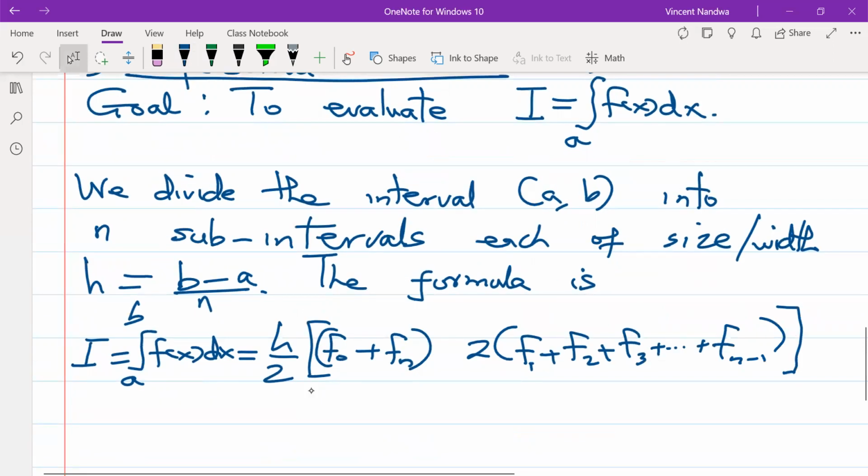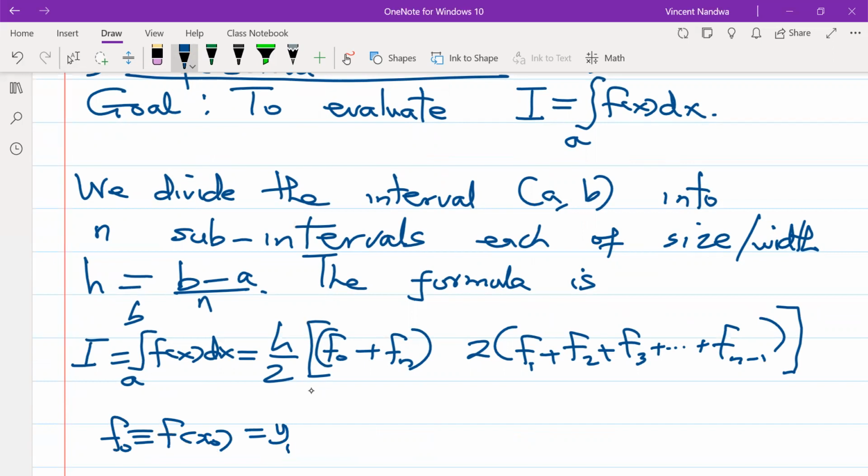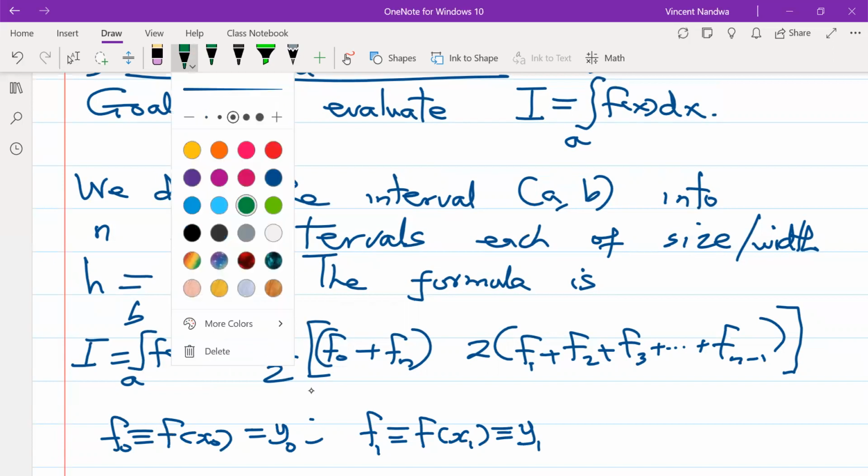Please remember, we are still using the same notation. When I write f naught, I mean the value of the function at x naught, which can be written as y naught. When I write f1, I mean the value of f at x1, which some people write as y1. So note that this formula can as well be written in terms of y values, but the interpretation is the same.